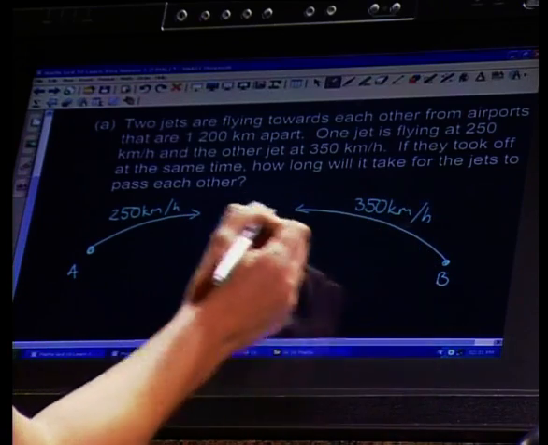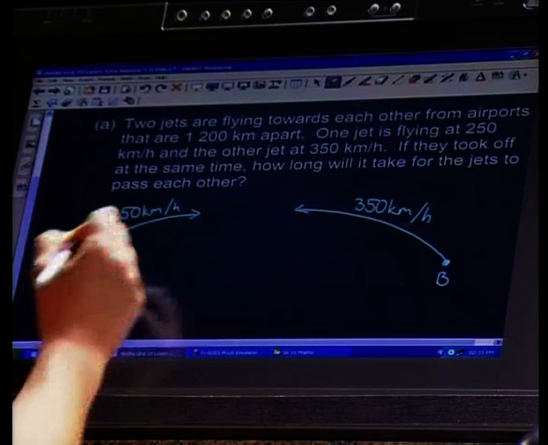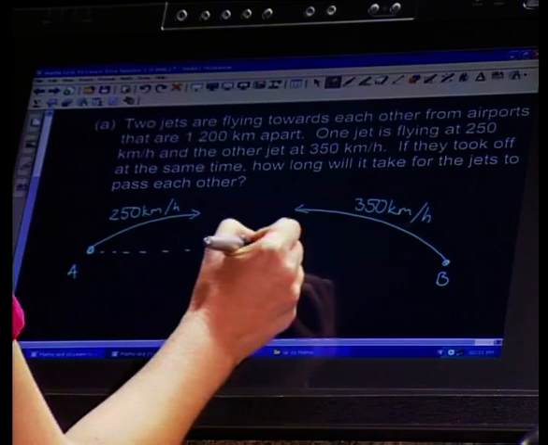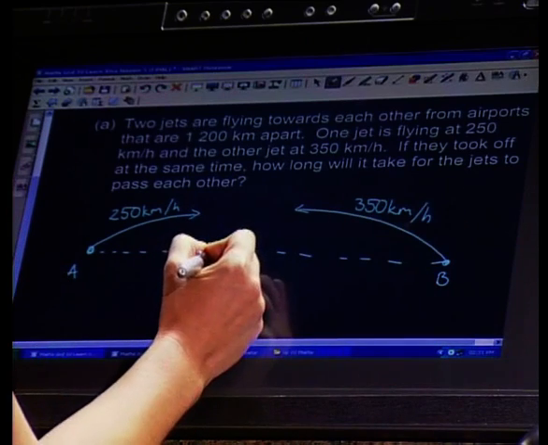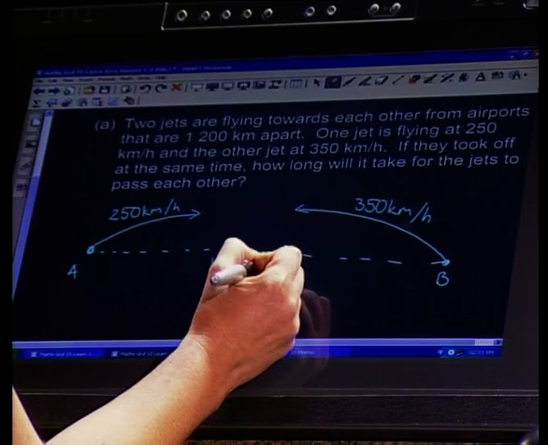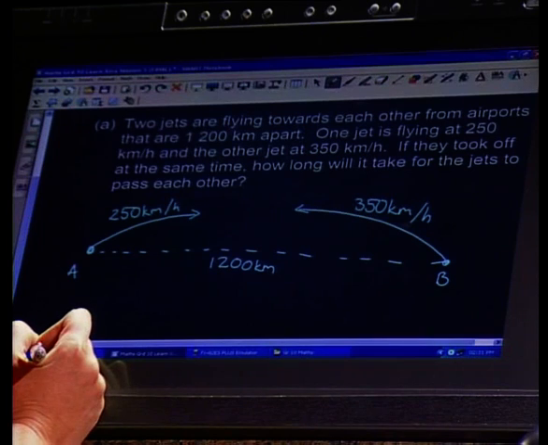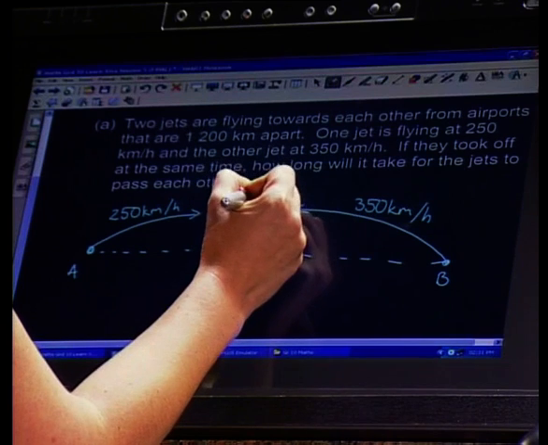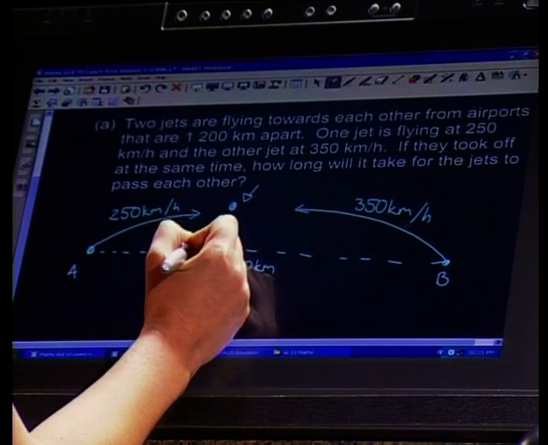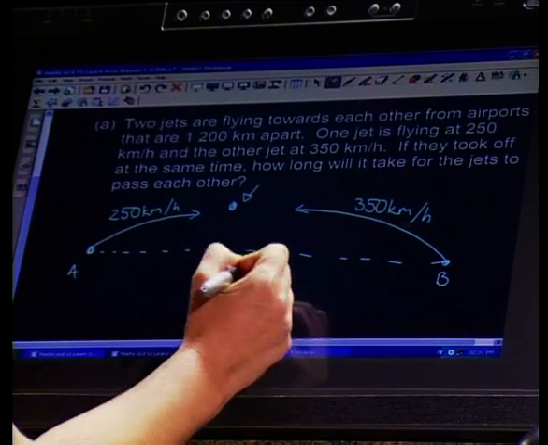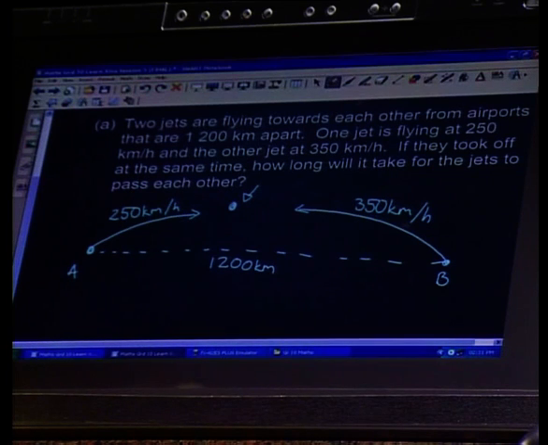So jet B is actually traveling faster than jet A, or from airport A. The distance between the two airports is 1,200 kilometers from each other. Now, when these two jets meet at this point or pass each other at this point, their combined distance is going to be 1,200 kilometers.